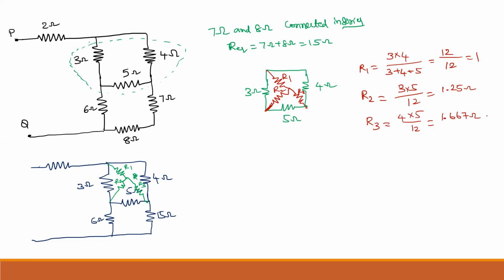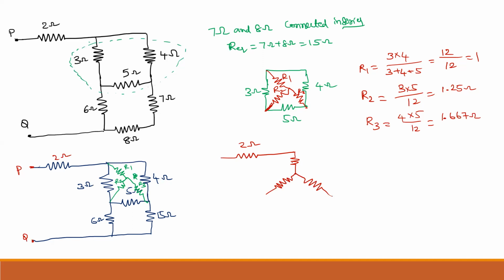Once you have calculated R1, R2, R3, draw the circuit here. So now this is P and Q. Now I am drawing the circuit. Here 3, 4, 5 should not be present, because we already converted them. So the remaining portion you have to draw now. This is the 2 ohm resistance, and I will have R1, because 3, 4, 5 disappear as we converted to star connection.